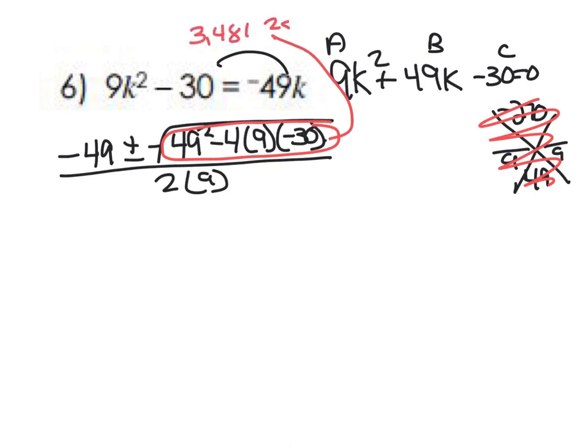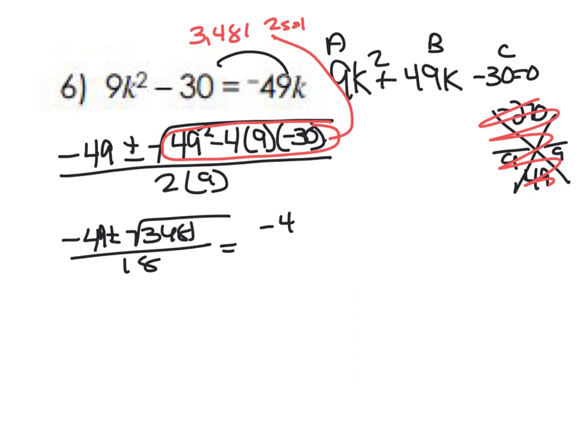So there's two solutions. So negative 49 plus or minus the square root of 3,481 over 18. So the square root of 3,481 is 59 over 18.